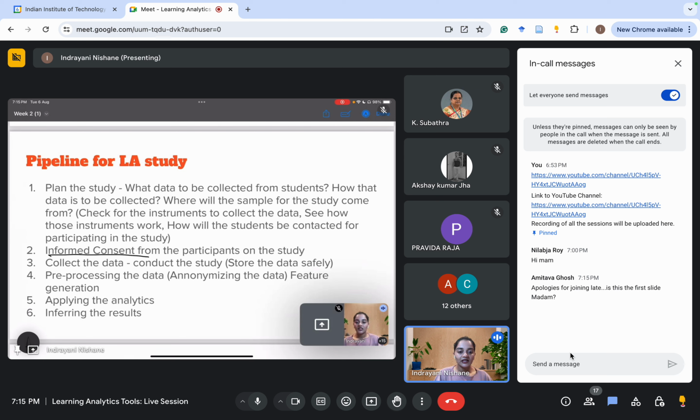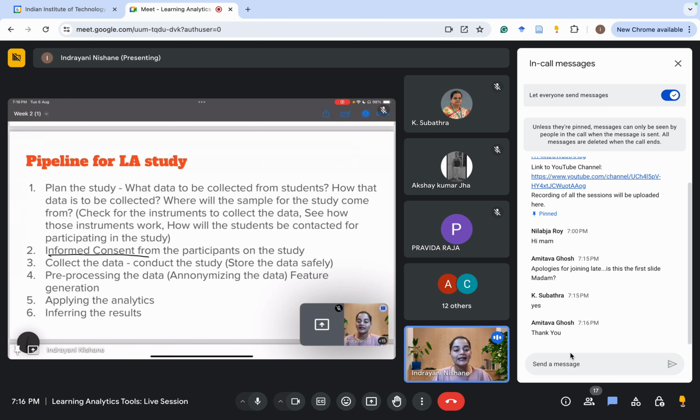They have graciously agreed to give their own data, their usage data or their perception data through their survey, all the information. So we need to respect that. It's our moral responsibility to anonymize or hide the personally identifiable information which can link the data collected to a particular person.